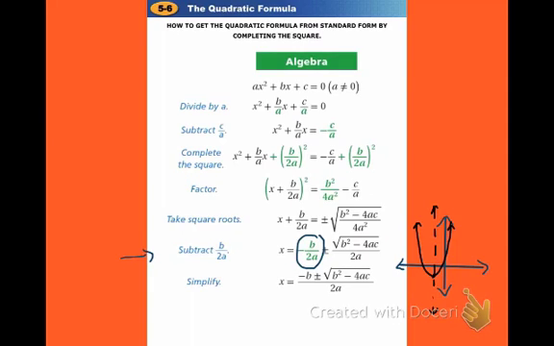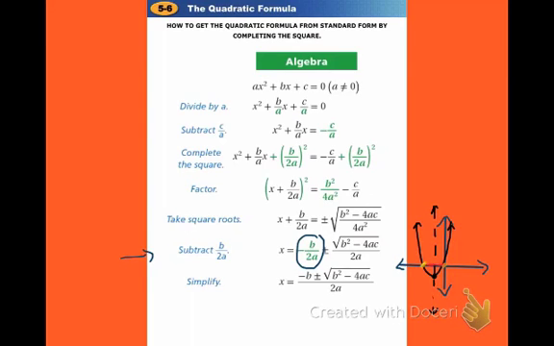So if we had a parabola that looks like this, and the vertex was right here, we know that the axis of symmetry runs through it. And you can see that those two solutions, here and here, are spaced the exact same amount. So the space going either direction from the axis of symmetry is equal.